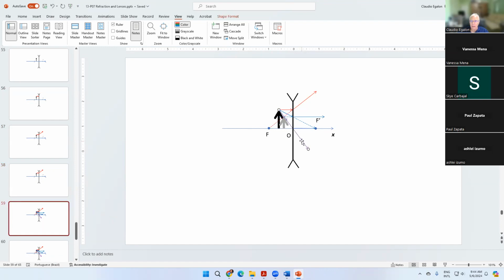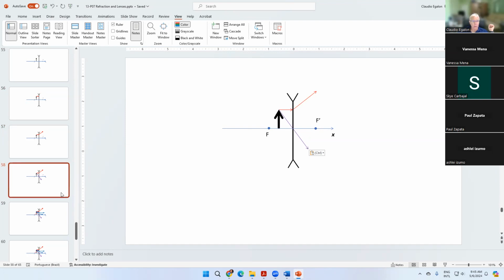So let's use this light ray here, the light ray that goes through the center of the lens. It goes through unrefracted, because the lens is very thin. Okay?